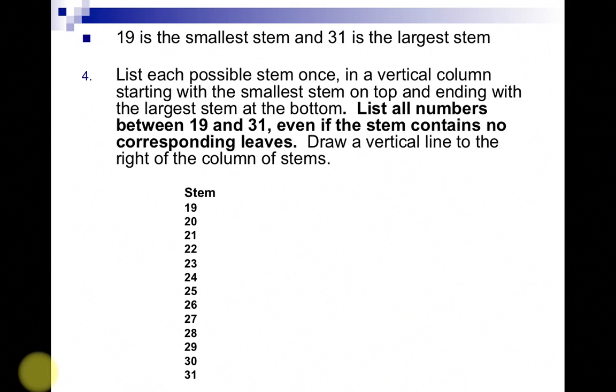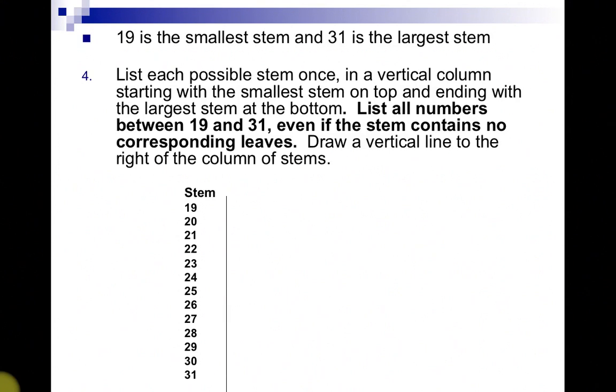Now, there may be some stems that don't have any leaves, but like I demonstrated before, it's important to leave those stems in the column because we want to see gaps if there happen to be gaps of data. The gaps indicate that we may have an outlier, and we like to see that. So copy down the stem 19 to 31, getting every digit between 19 and 31.